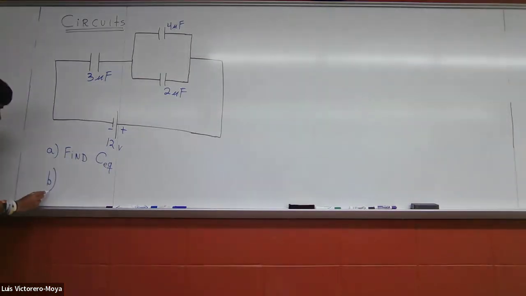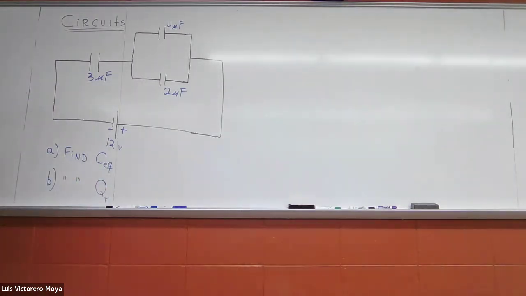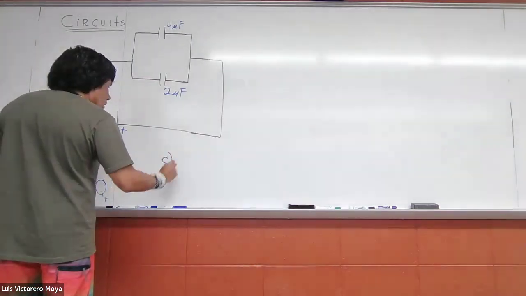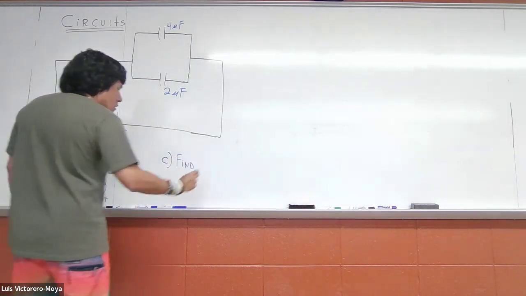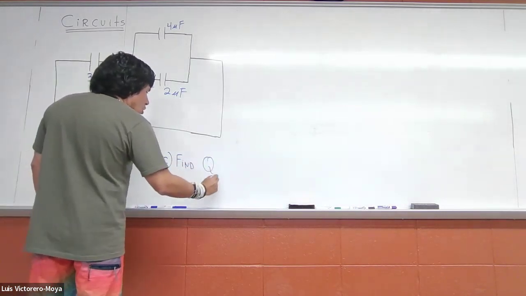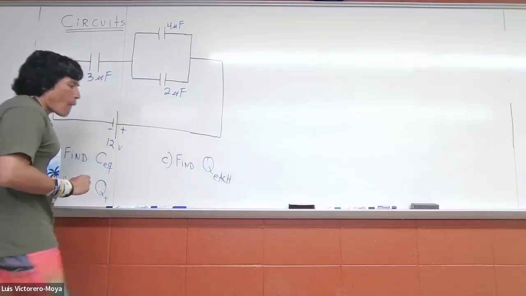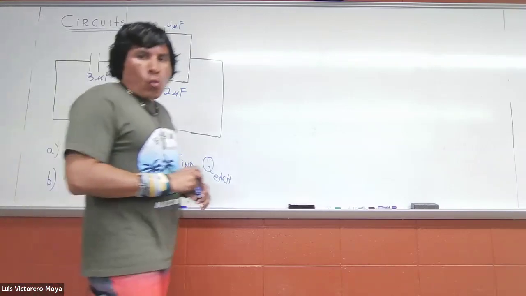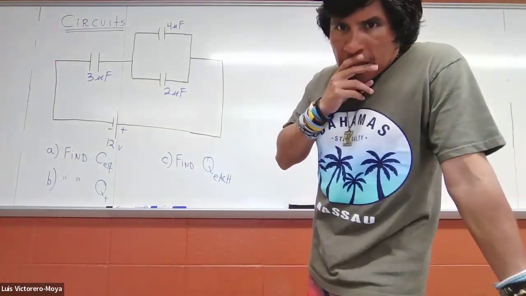B, find the total charge on the circuit. And C, find the charge on each capacitor. Those are the typical questions you may be asked in a problem like that.